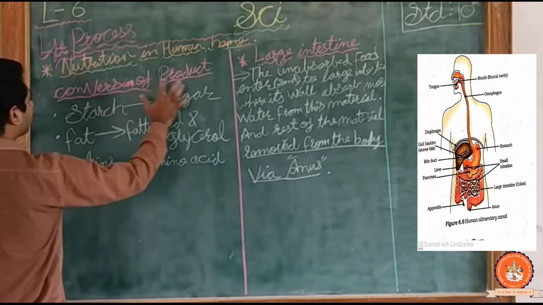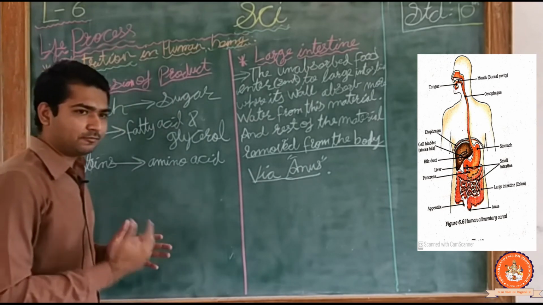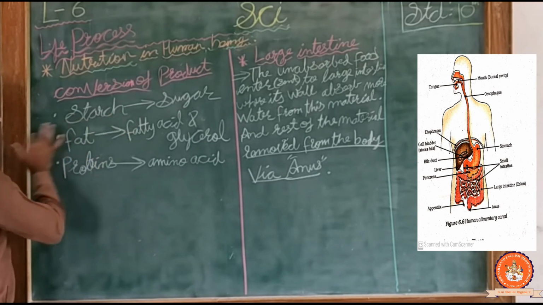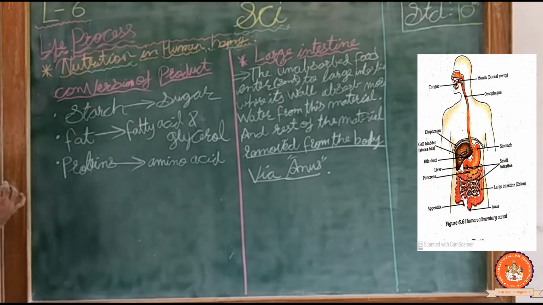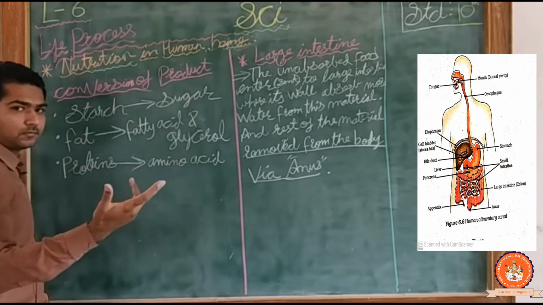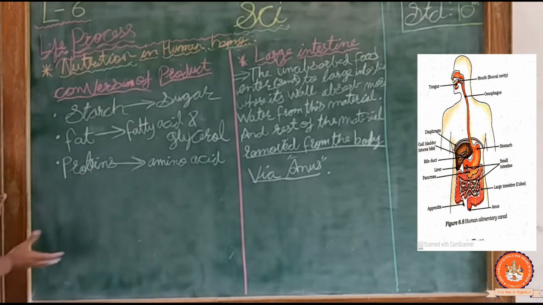The conversion of products: when you eat something, what is converted into what? Initially you have starch, a complex product. It is converted into sugar through the salivary gland first. Then you have fat.